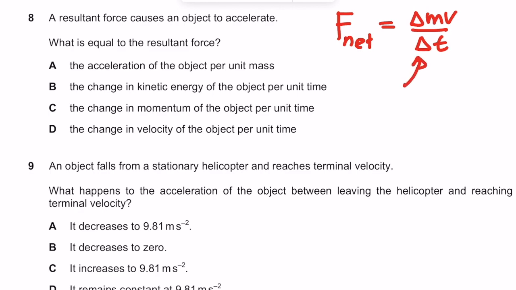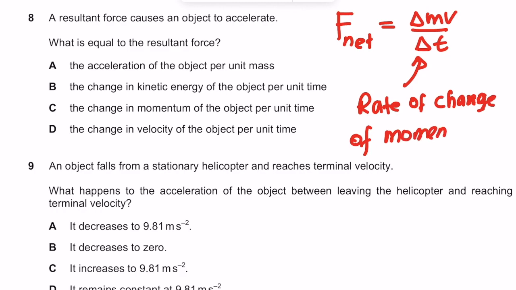This is called rate of change of momentum, right? So this one talks about momentum, the change in momentum of the object per unit time. This is another way of saying the same thing. So answer is C.